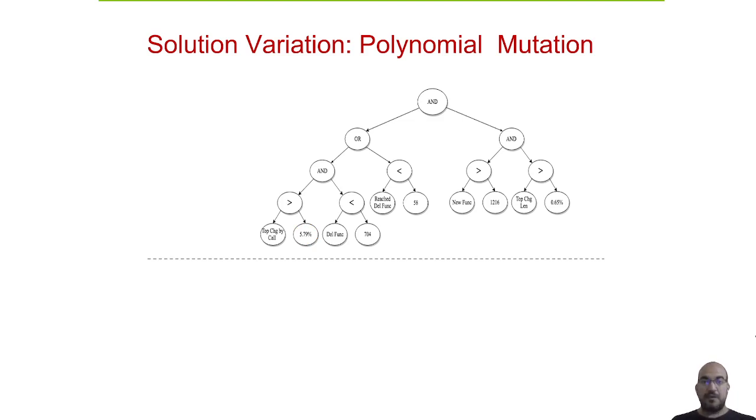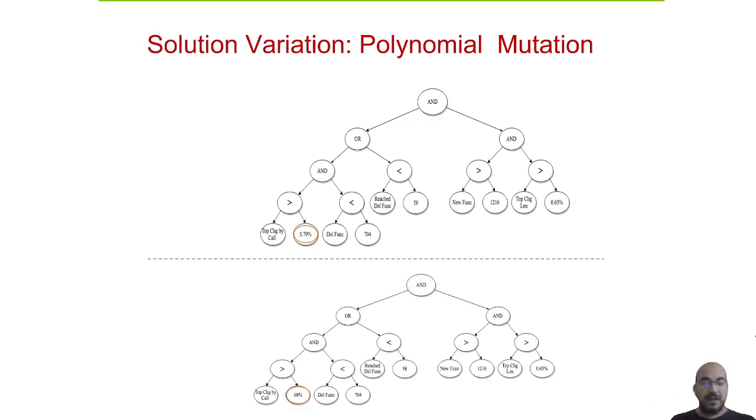As for the mutation, we will use a polynomial mutation where we can randomly select a leaf, for example this one, and replace the value here by another value, or we can take another metric and randomly replace it with another metric. And this is how we can also mutate the solutions.